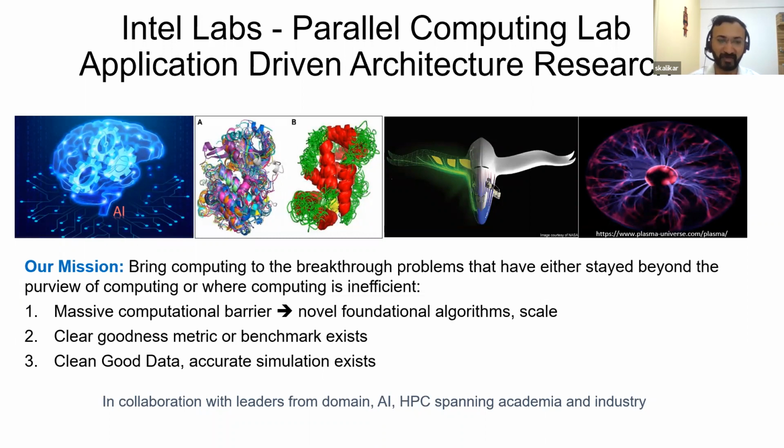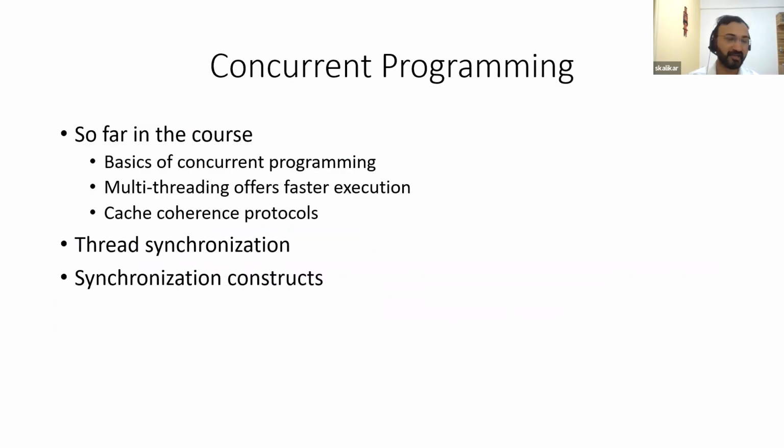The biological domain might have different requirements than physical simulations. Such research will be future-directed, and that's how we will move from multi-core systems to whatever next generation systems will appear. So this is a big umbrella of HPC, AI, and parallel computing.